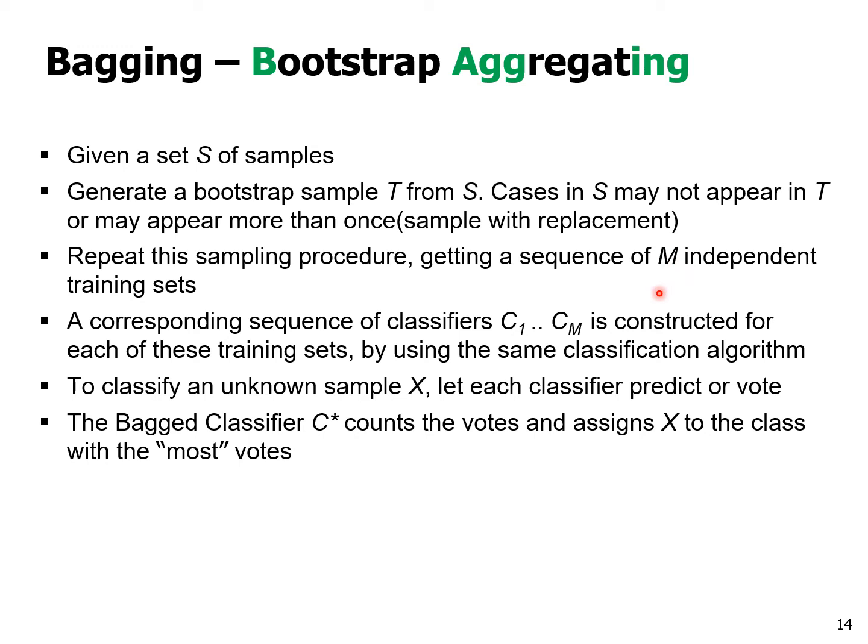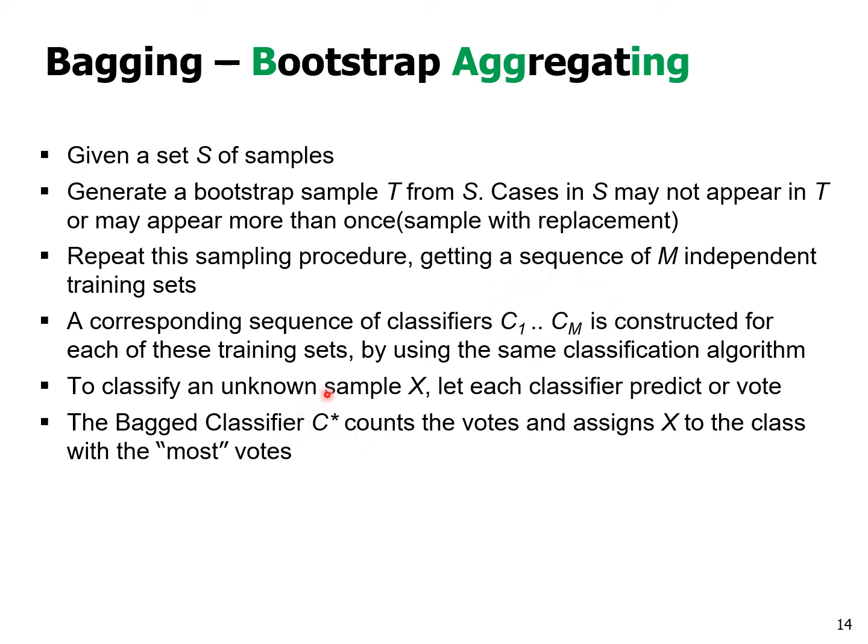So now you have m classifiers, and let's say you have new, unknown test data x. To classify it, let each classifier predict or vote. Each classifier makes a prediction on the data x, and then finally you combine the predictions of the classifiers.